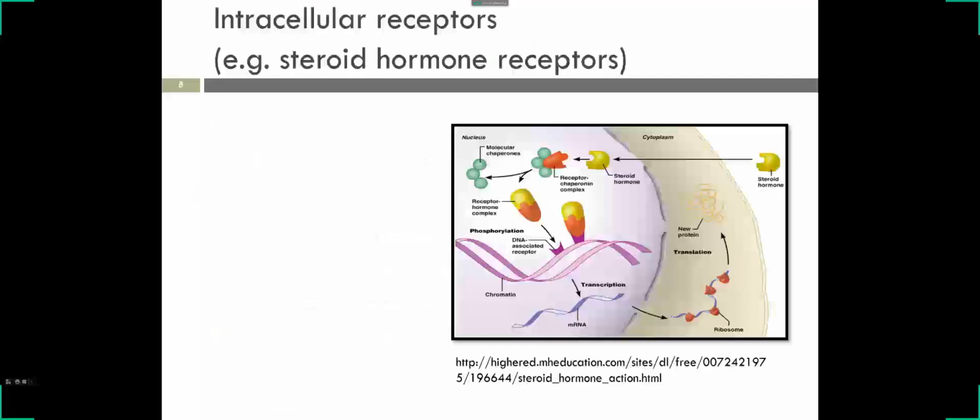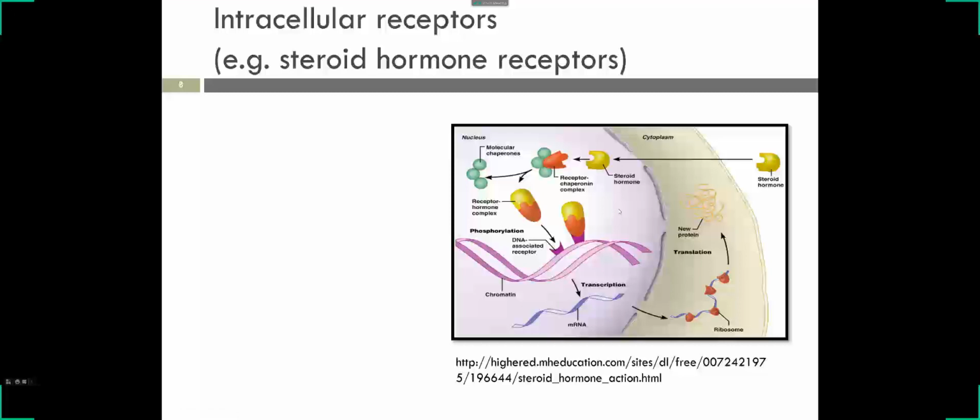So how do these steroid hormone receptors work? You have your steroid hormone here in yellow, and because it's able to cross through the plasma membrane, all the way across to the cytoplasm, it reaches the nucleus where the steroid hormone receptor is located.